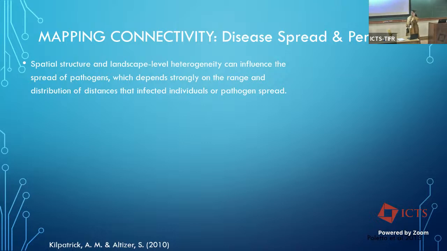It's basically, if you think of a histogram, a distribution of the range of distances that a pathogen or a vector can travel. Okay, so that histogram is called the dispersal kernel. So you can use that information in a GIS with this information on landscape level heterogeneity and try and look at what implications it has for disease spread. Yeah.